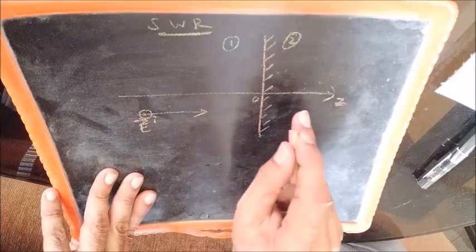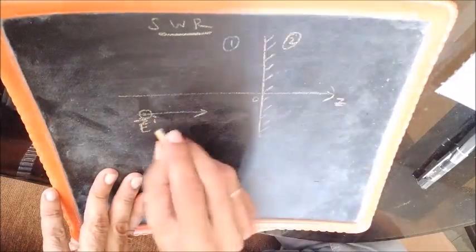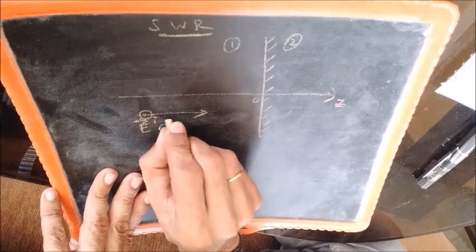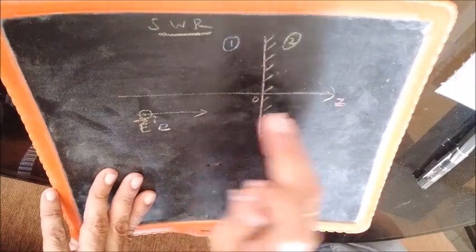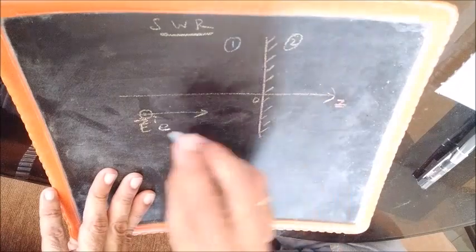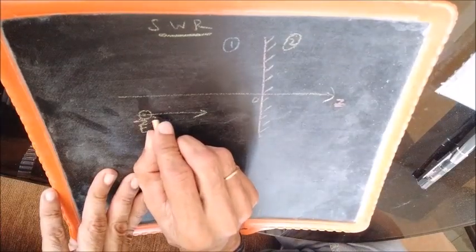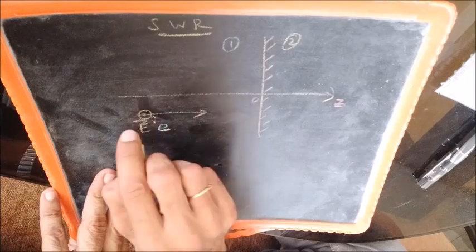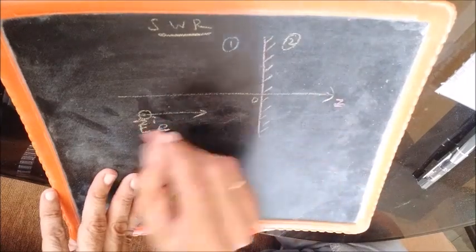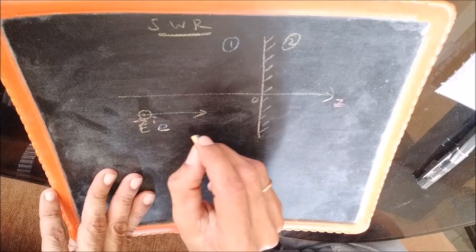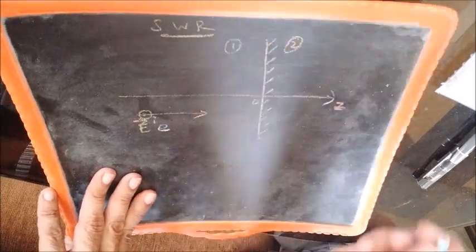And since it is propagating towards the positive z direction, if we drop the e raised to j omega t term because it's going to be there throughout, we can write it as vector E superscript i, where the superscript says that it's the incident field, as in the notation we followed in the earlier discussions.